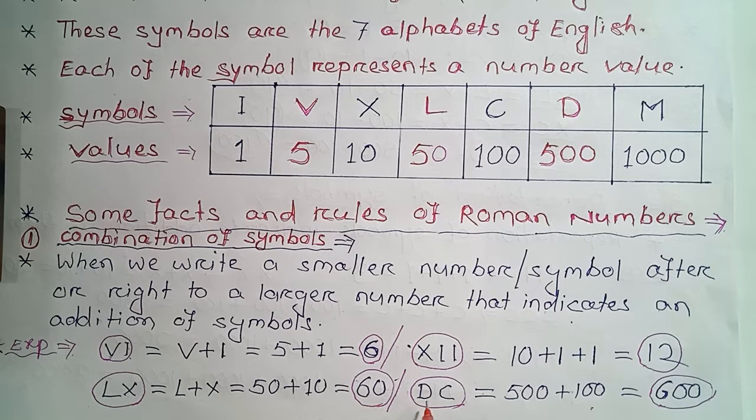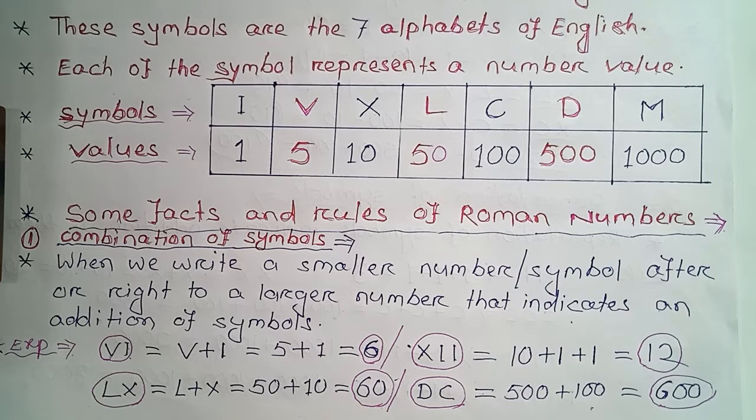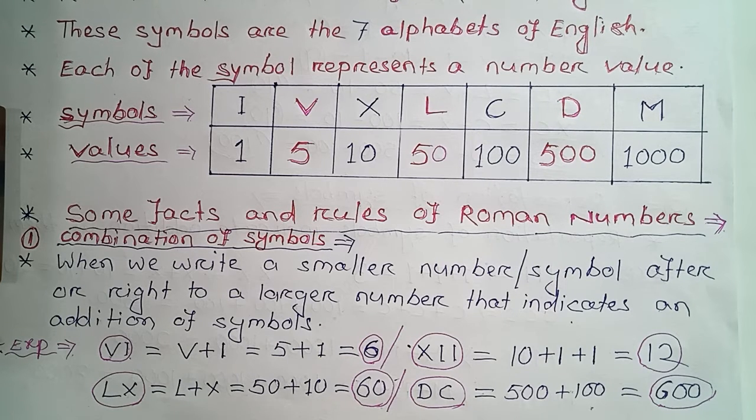When we write DC, D stands for 500 and C stands for 100, so 500 plus 100, that is 600. So like this, when we write a smaller number or symbol right to a larger number, that means an addition.